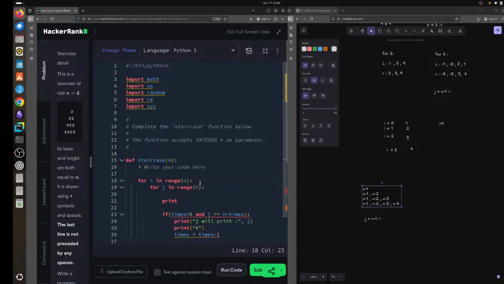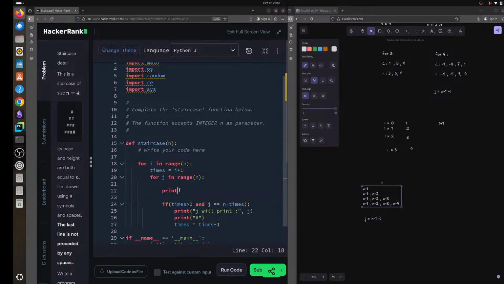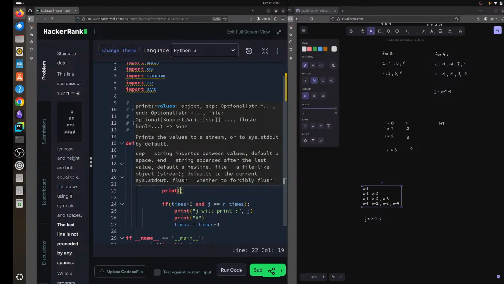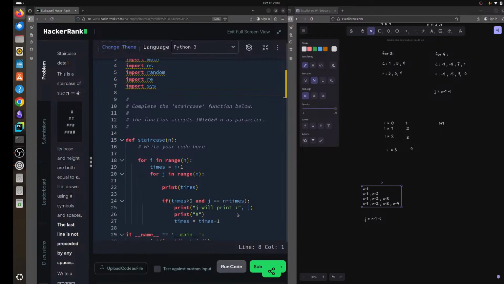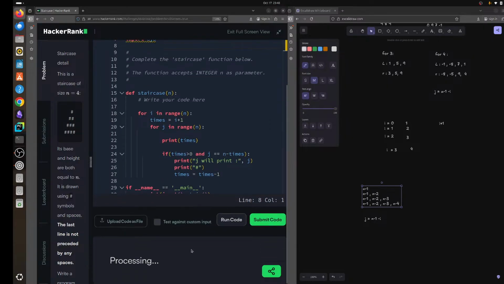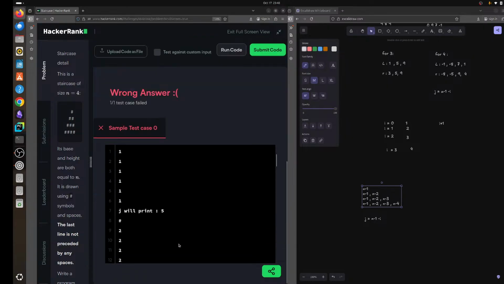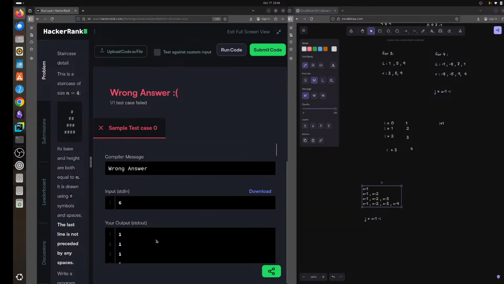Okay, now print times, run code. j will print 5. Correct.